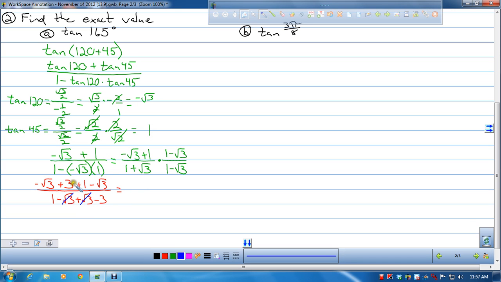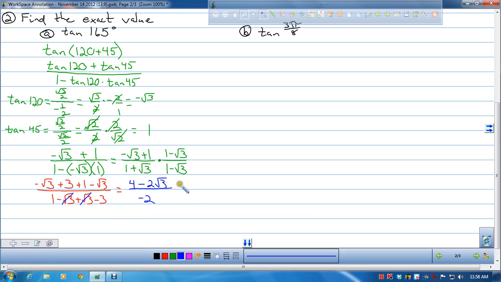So up here I just need to simplify, and my constants would add up to 4, and I'm subtracting root 3 twice, so minus 2 root 3. All that would be over 1 minus 3, which is negative 2.